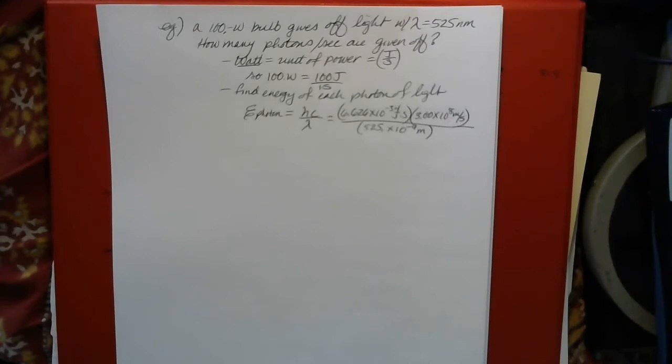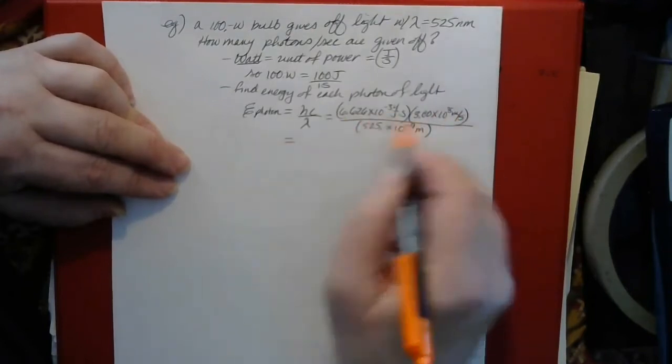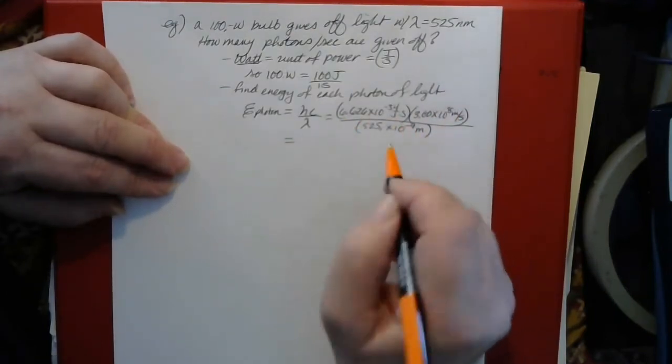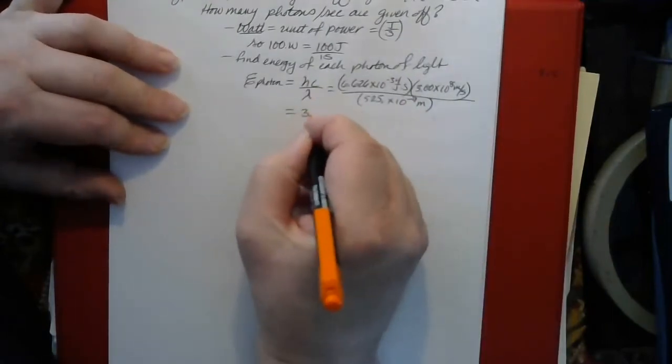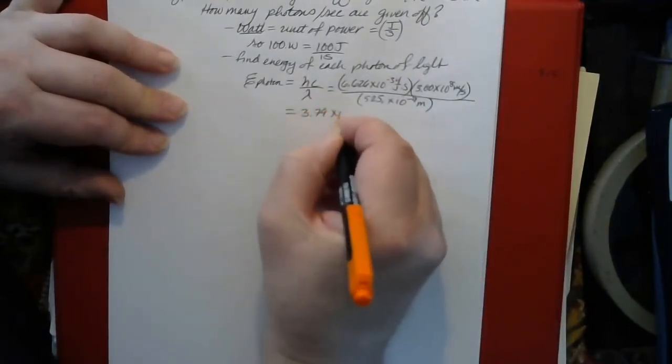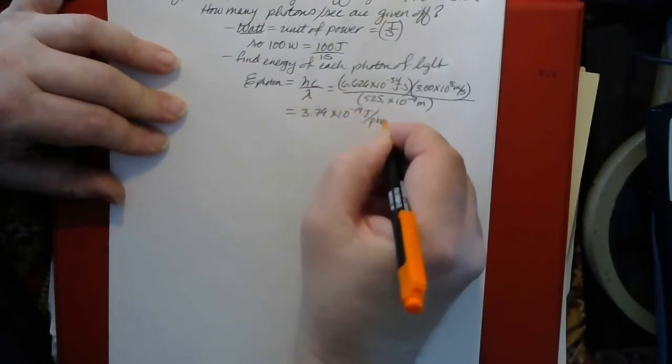That's the easiest way to write it, and it's perfectly true. It's just not proper scientific notation. So if you multiply that out and divide, remember to use parentheses around the number on the bottom, you get 3.79 times 10 to the minus 19 joules per photon.